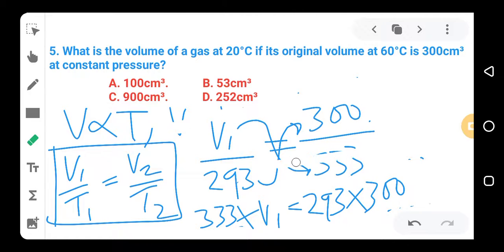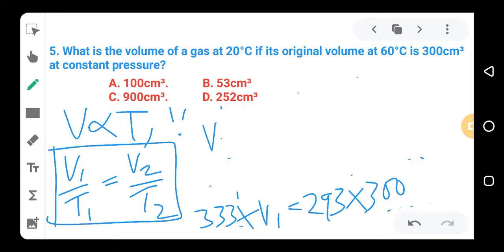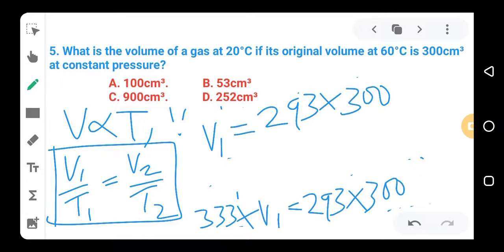Let's just make V1 the subject straight away. So V1 is equal to 293 times 300 over 333.